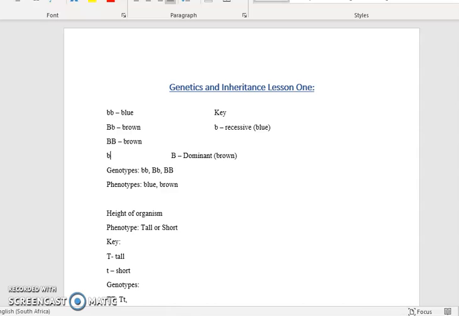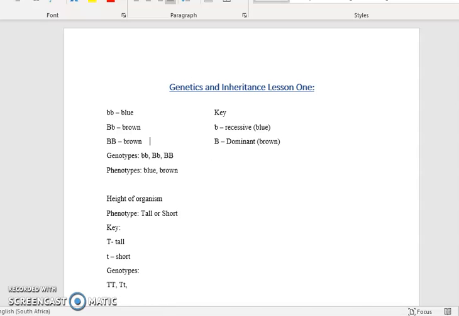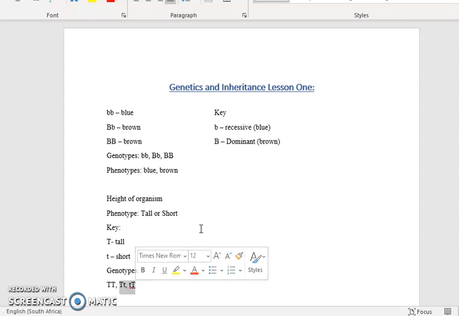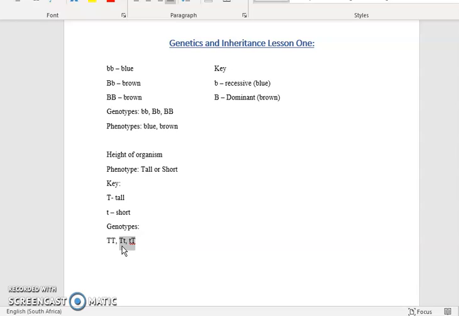The reason for this is that if it's going to be little t, big T, we can clearly see that these two are basically the same thing: one capital T and one little t.